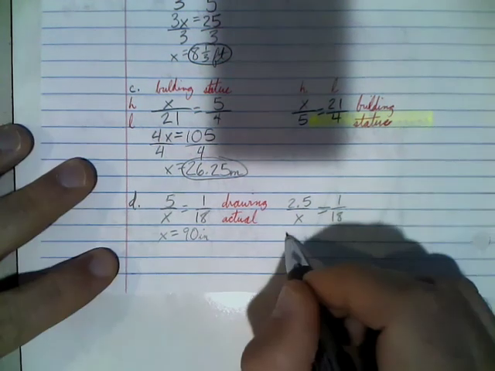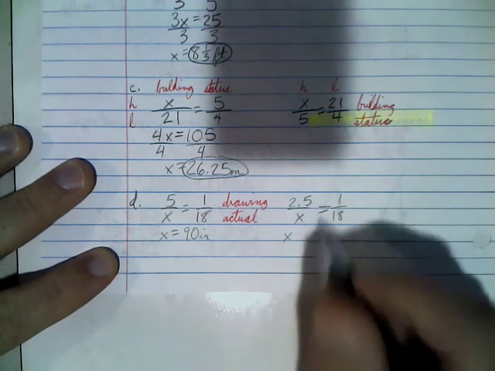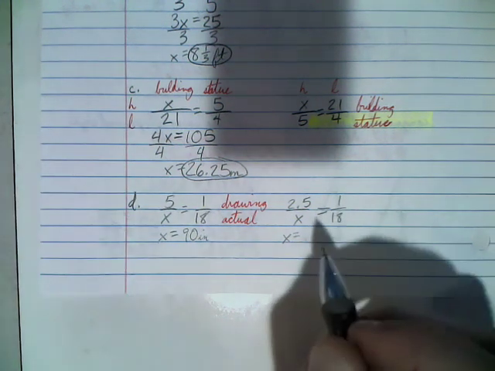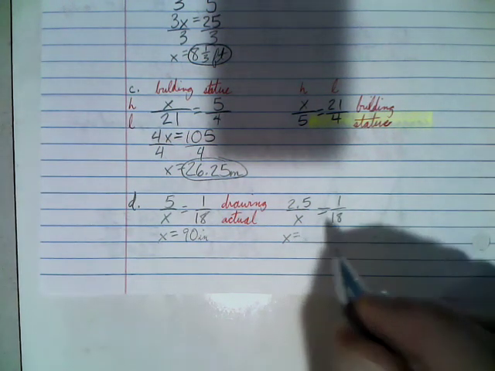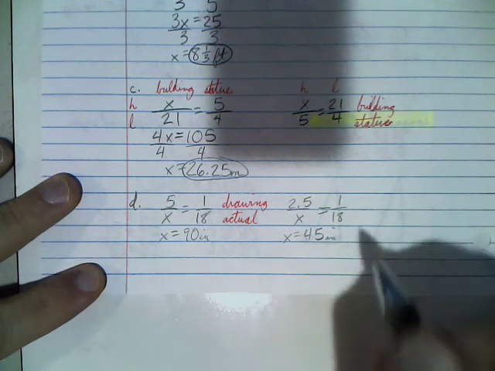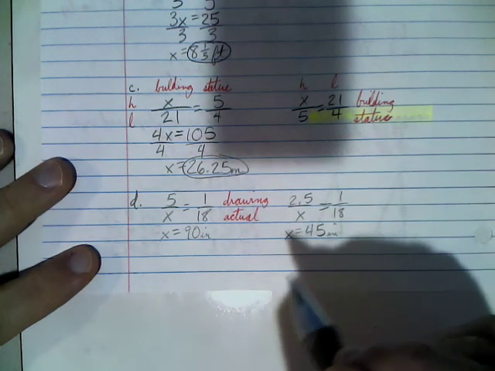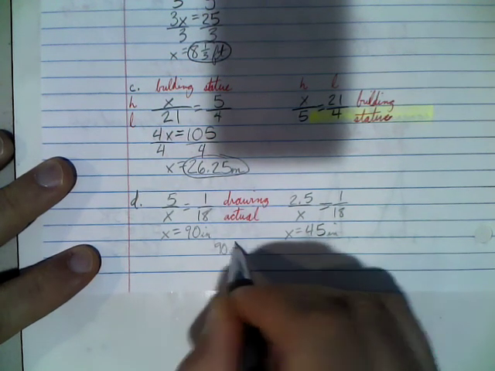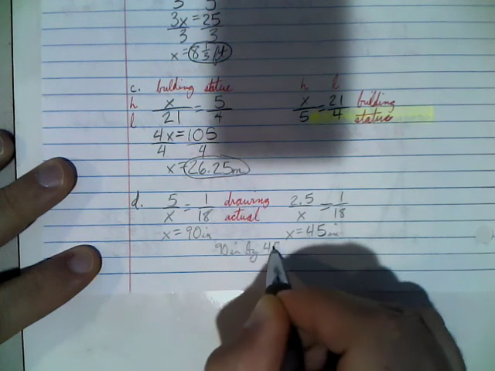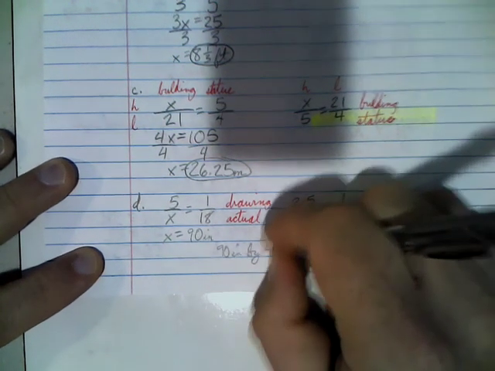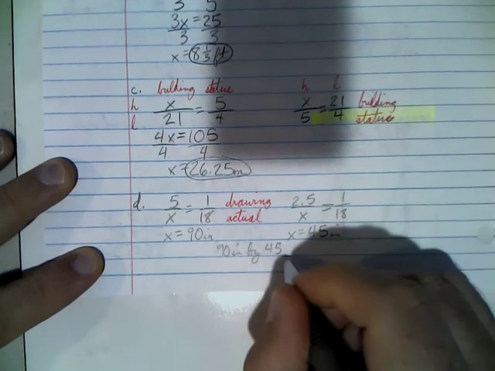And again, cross multiply, multiply those together. And if I multiply those together, I'm going to get 45 inches. So what are the dimensions of the actual table? 90 inches by 45 inches.